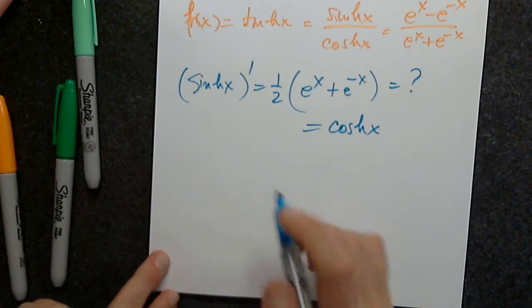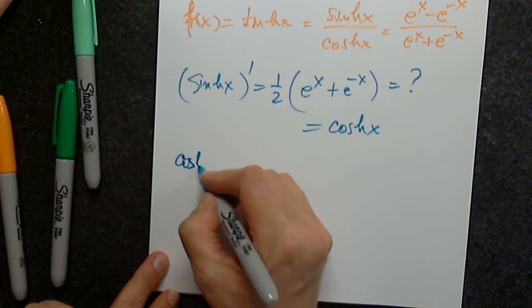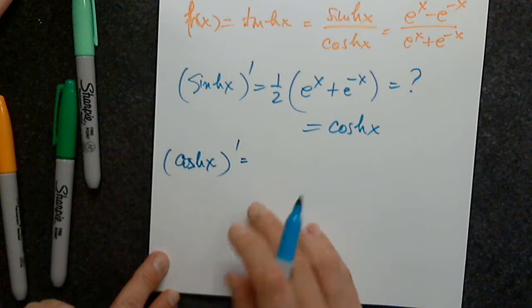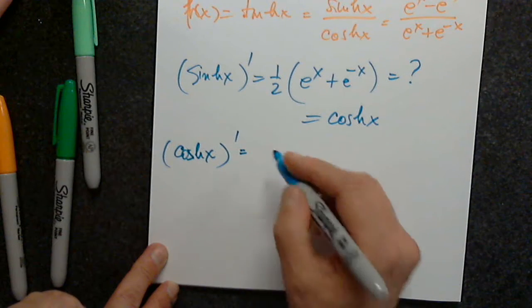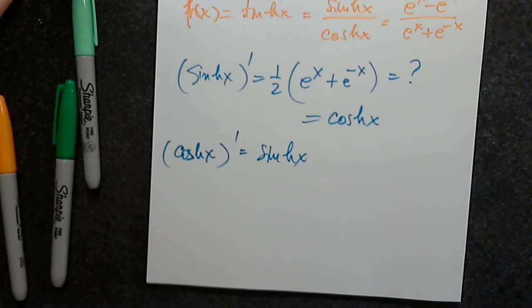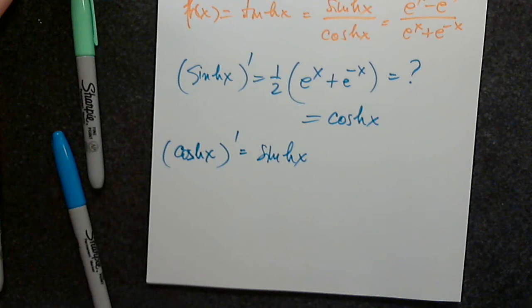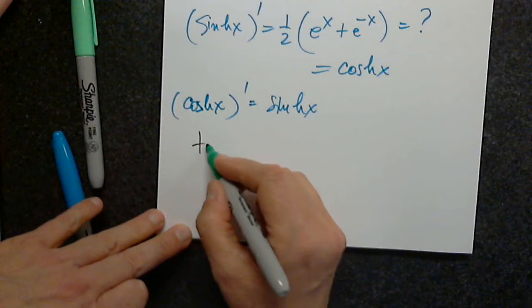Okay, what do you think cosine prime will be? Hyperbolic cosine prime. And no, it does not have the minus in front. You may have not expected that, but it does not. It's just plain sine. So hyperbolic sine prime is hyperbolic cosine, and vice versa, hyperbolic cosine prime is hyperbolic sine. And of course, no secret there.